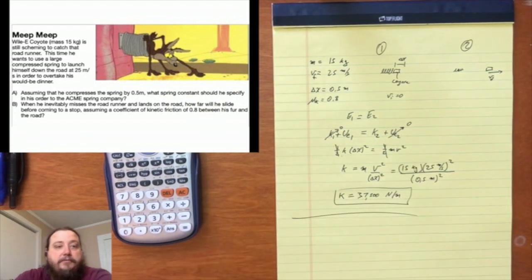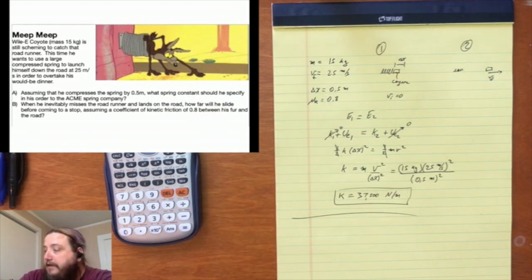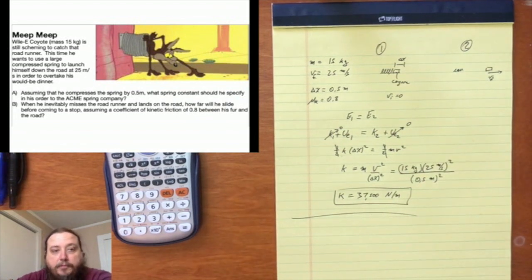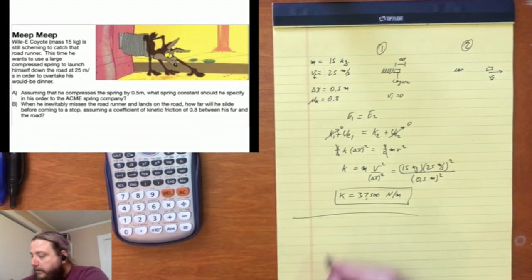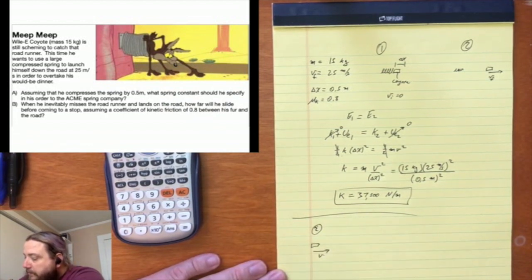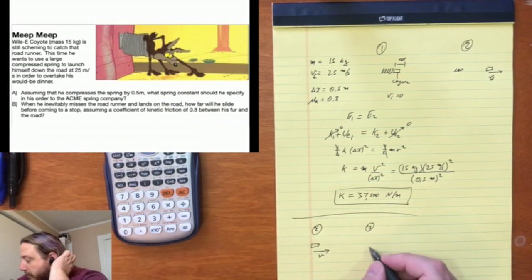For the second part of the problem, now we have the Coyote has the kinetic energy he ended with at moment 2. So we go from moment 2, where the Coyote is moving at speed v, to moment 3, where the Coyote has come to a stop.